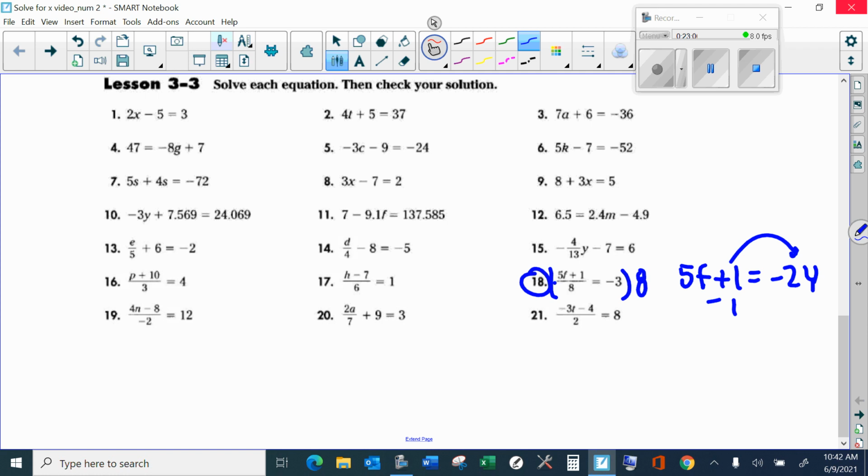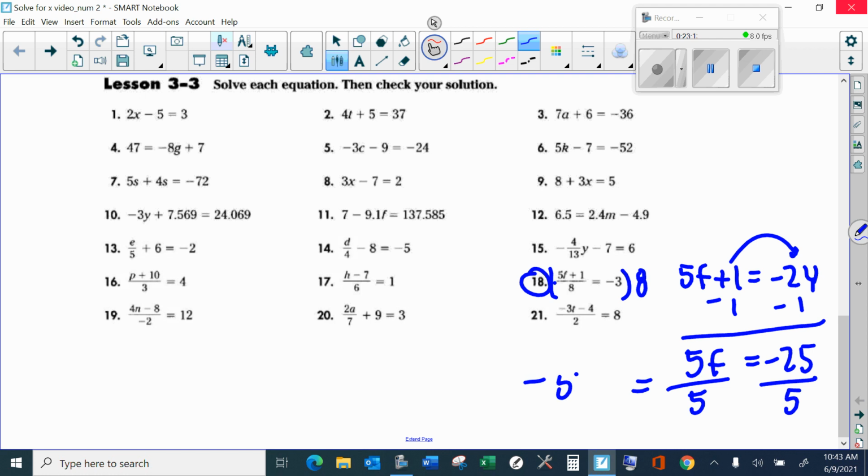Subtract the 1 across. The reason I'm doing that is because the 5 is a positive coefficient. I get negative 25. Last step, divide by 5, and I get negative 5 equals f. You should have learned all this in middle school, so this is a quick review.